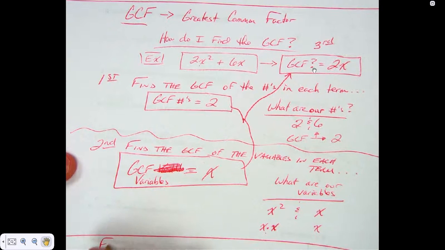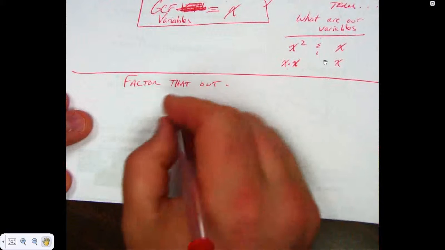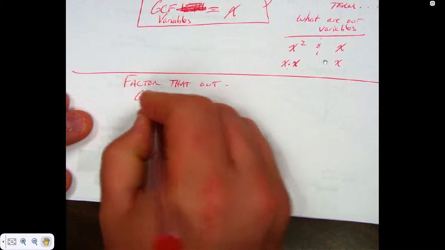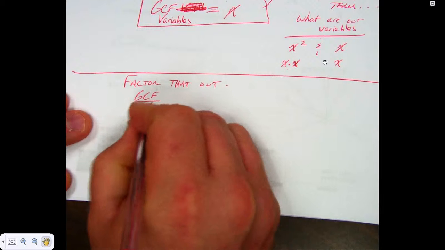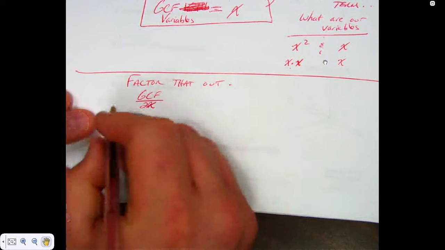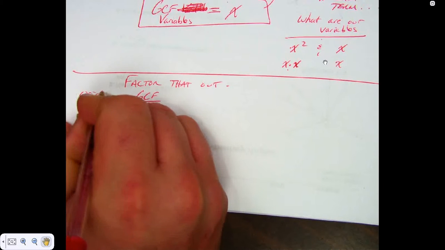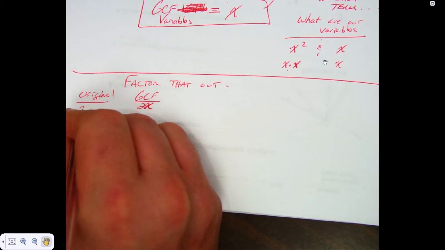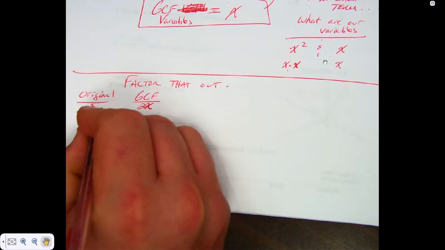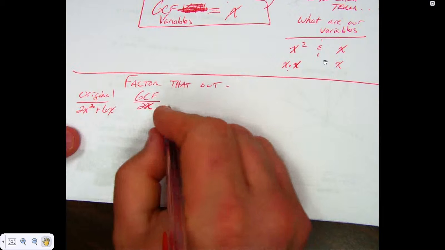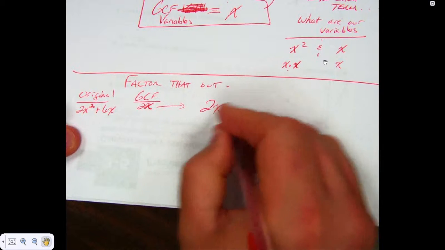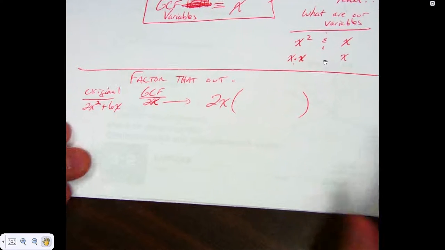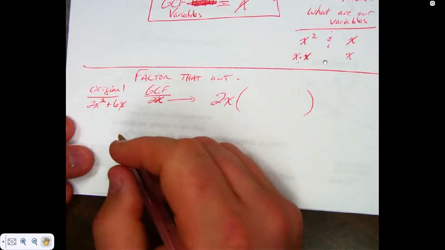So, now how do I factor that out? What I do is I put my GCF, 2x. My original statement was what? 2x squared plus 6x, right? I pull my GCF out in front of the parentheses, and I leave a nice big set of parentheses, because I may have 2 or 3 things to do here, right?